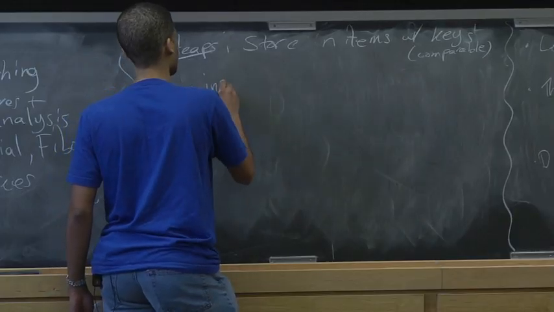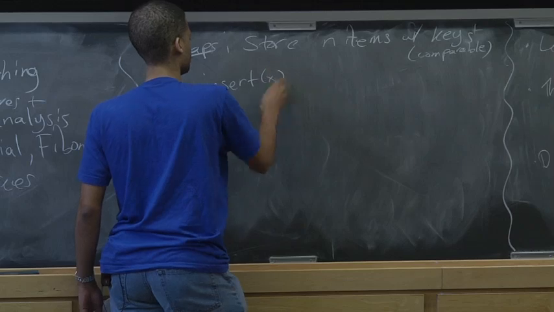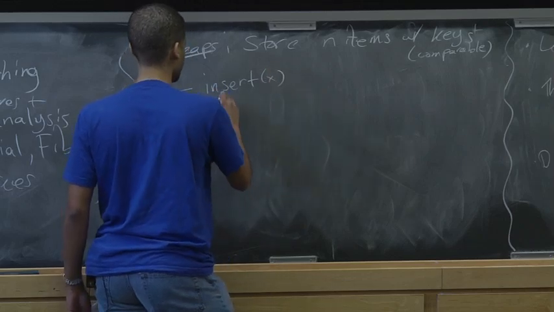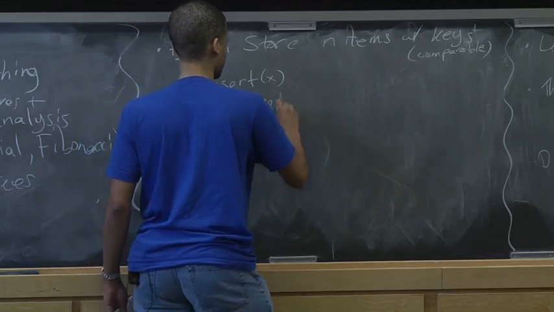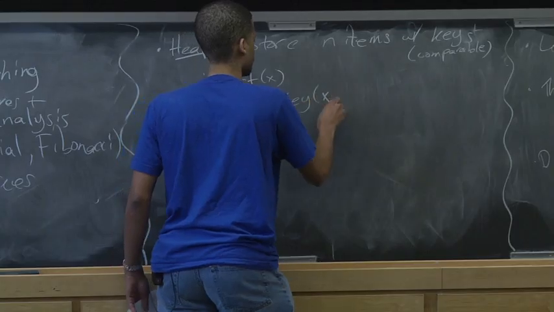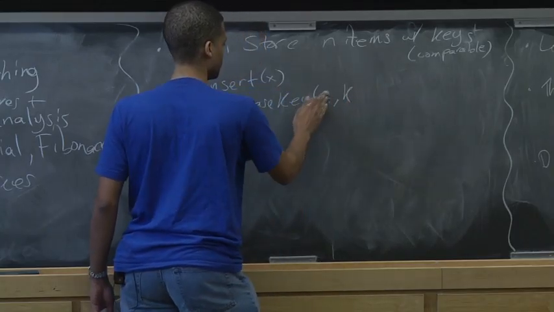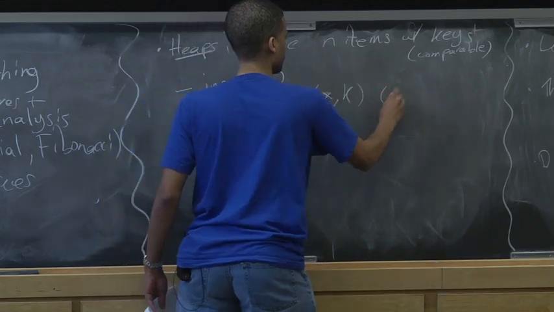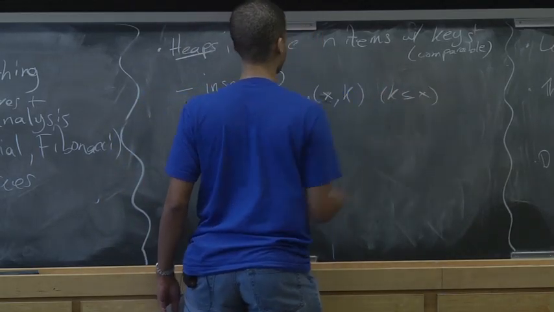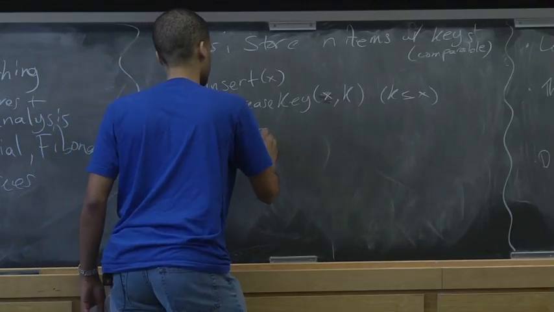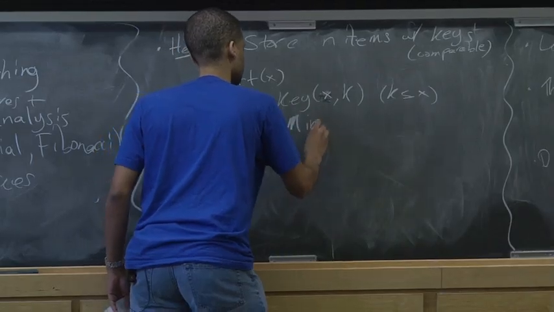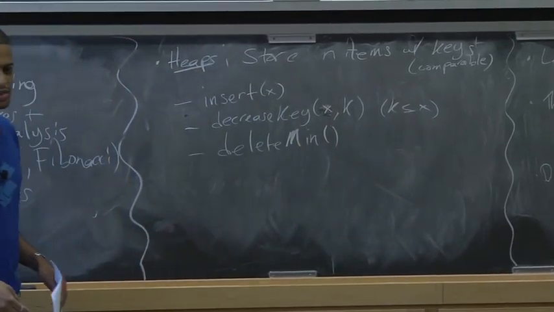We insert an item with a key. We also decrease key: decrease the key of x to some new key k, where k is less than or equal to the old key. And we also delete min, which returns the minimum element and also deletes it from the heap.